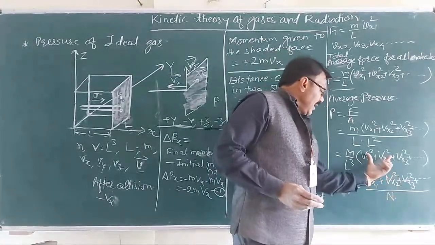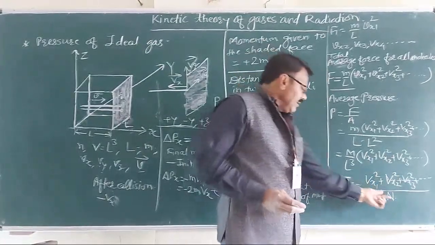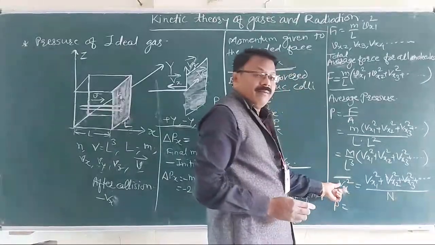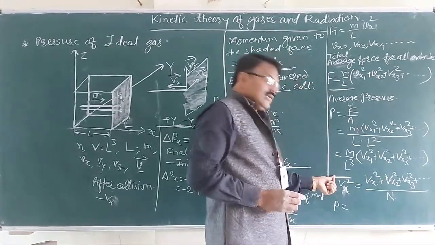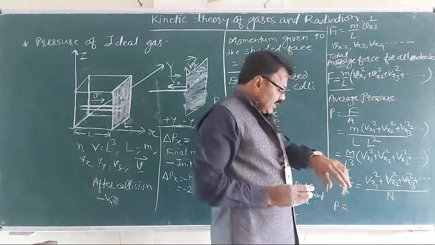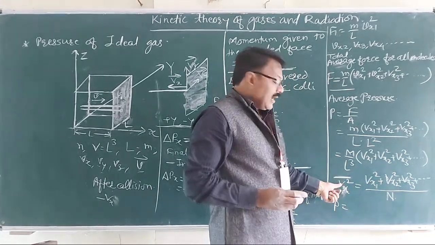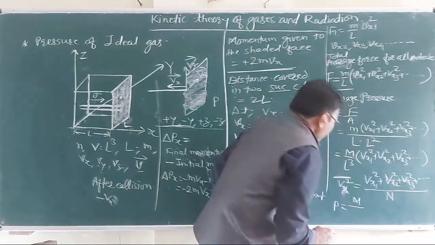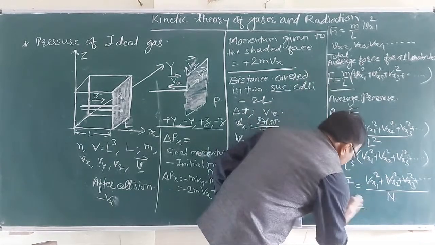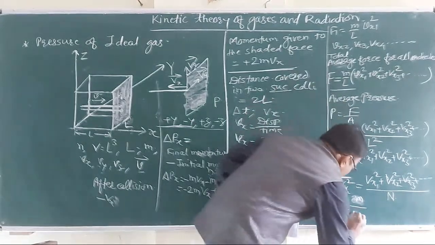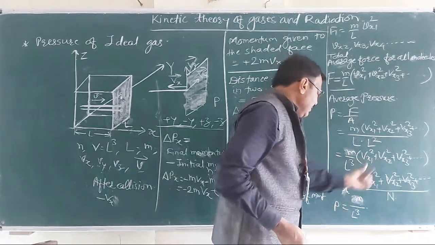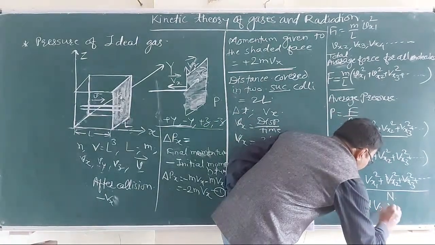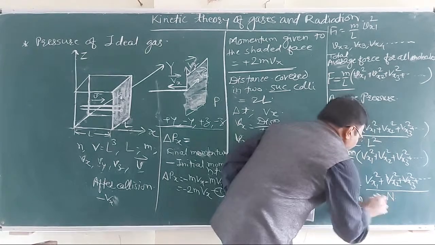So the value of this bracket we take as n, and pressure is equal to n Vx square bar, because the average is represented by a bar. Therefore we get P is equal to m upon, sorry, small m upon L cube into n Vx square bar.